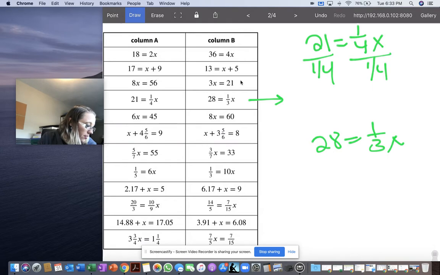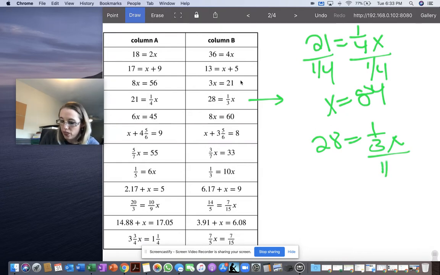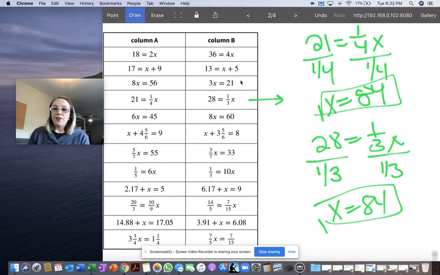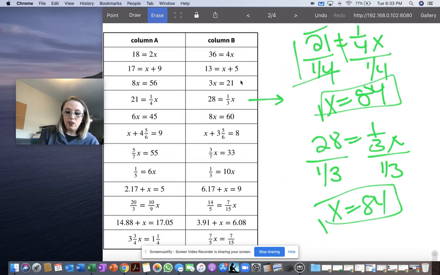You guys know how to do this math, so I'm not going to actually do it for you, but it's going to come out to be x equals 84. Same with this. The x is held by multiplication, so you need to divide by 1/3 to get x by itself. 28 divided by 1/3 is actually 84 as well. So both of your answers are 84. Remember how to do your fractions, keep, change, flip. You guys know how to do that. Okay, pause if you need to.